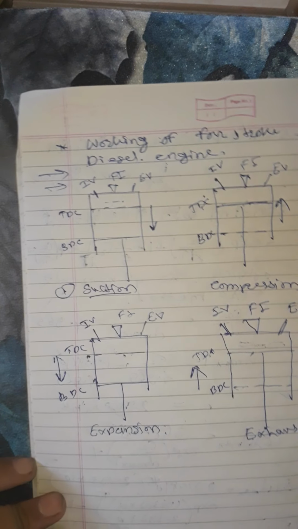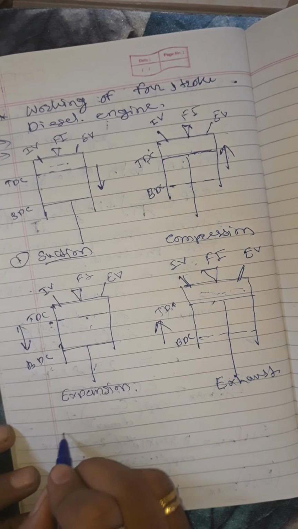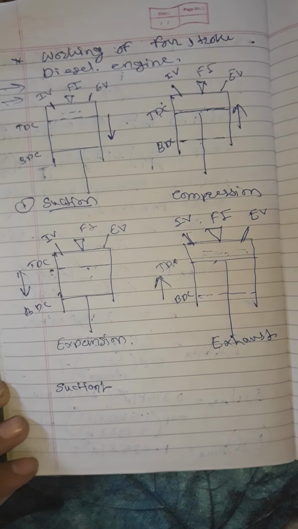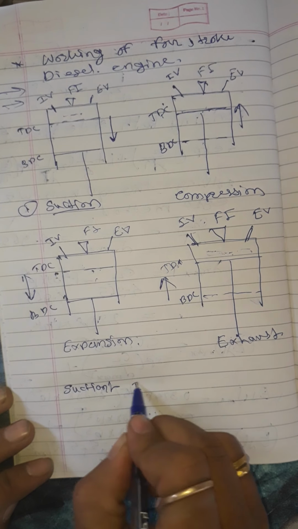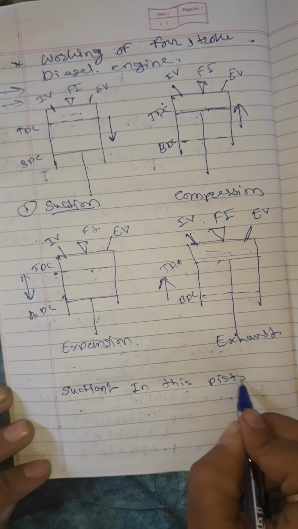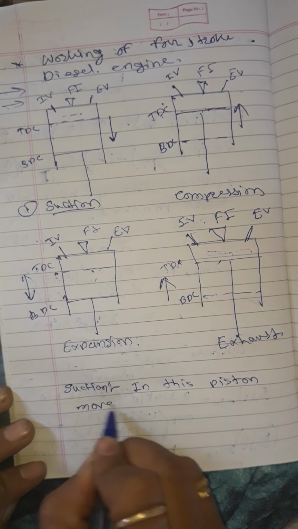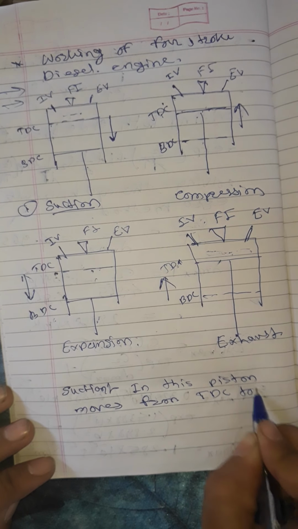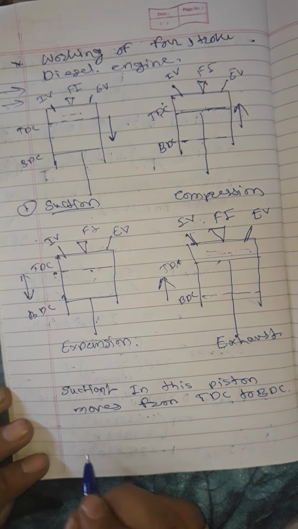I will write for one stroke here, that is the suction stroke. Very simple. You have to remember this suction stroke. In this, the piston moves from TDC to BDC, right?